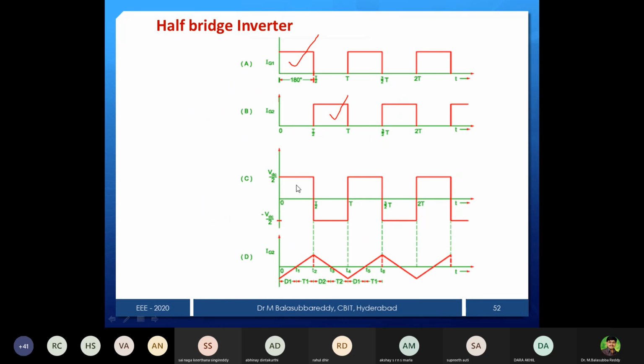As I said, if S1 is conducting, output is half of that, that is Vs by 2, and if S2 is conducting, output is half of that, Vs by 2. So this is the voltage waveform. And the current waveform, I told you, is increasing. If T1 is conducting and then turns off, D2 will fire and D2 will be in dissipation mode, positive only, and whatever energy is stored in that inductor is going to be dissipated.